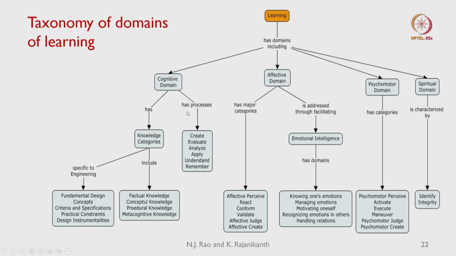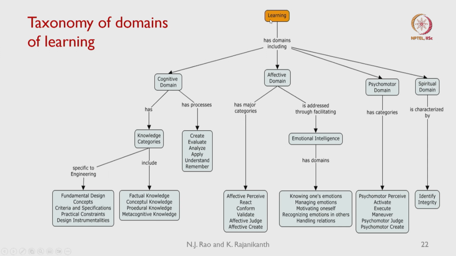Cognitive domain has processes create, evaluate, analyze, apply, understand and remember, and has a second dimension, namely knowledge categories. It will include factual knowledge, conceptual knowledge, procedural knowledge and metacognitive knowledge, and some knowledge categories specific to engineering, which we owe to Vincenti: fundamental design concepts, criteria and specifications, practical constraints and design instrumentalities.